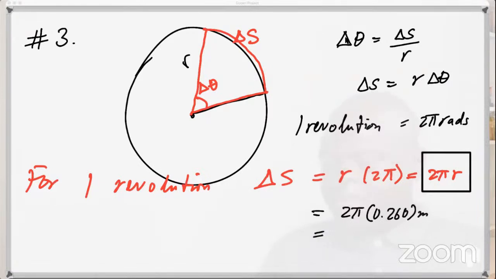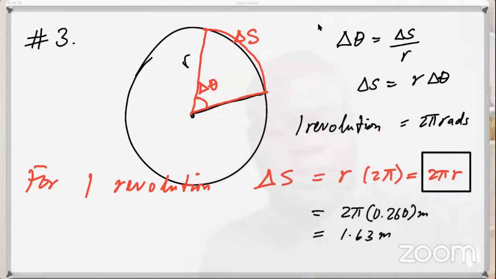And what is that? Let's work this out first. 1.63. Did you multiply by pi? Yes. Okay, can any other person confirm?